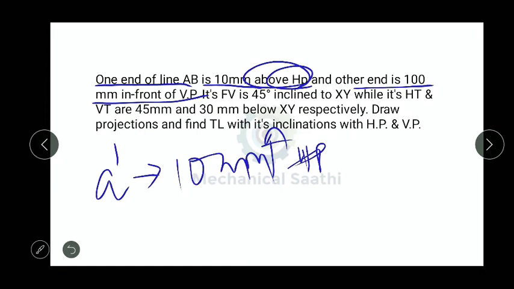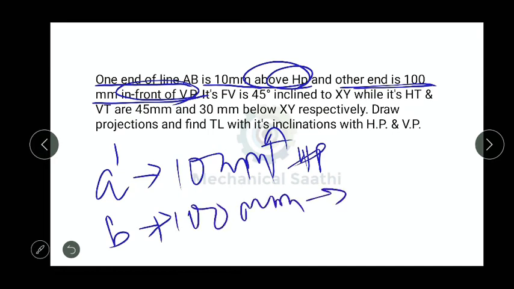The other end is B, and that is in front of VP, so I write B is 100 in front of VP.